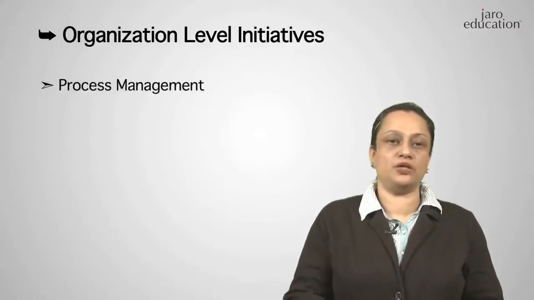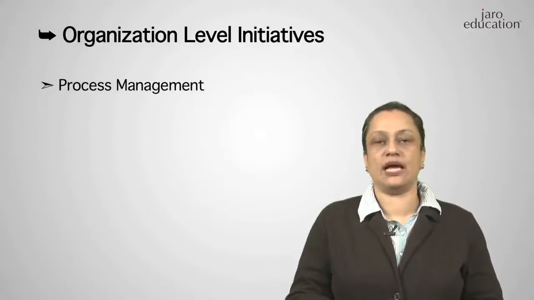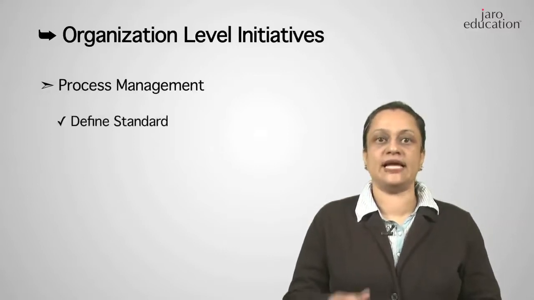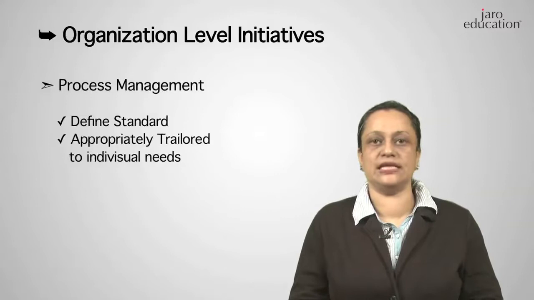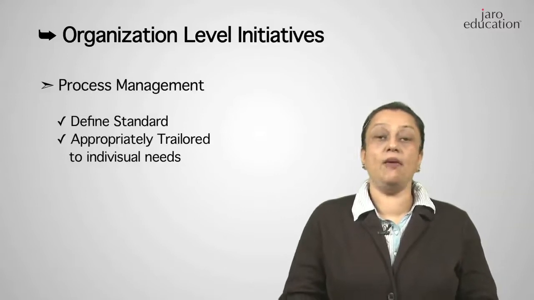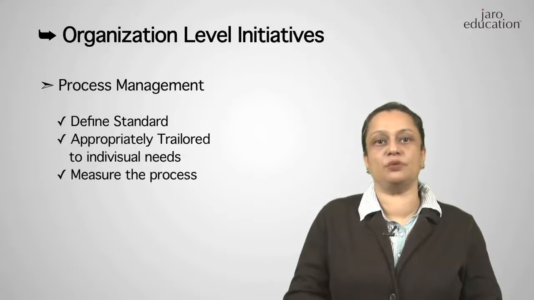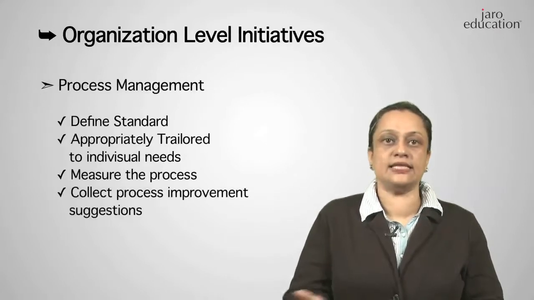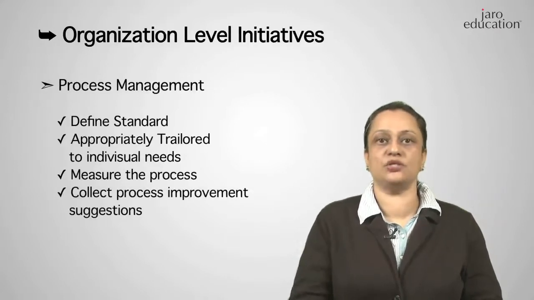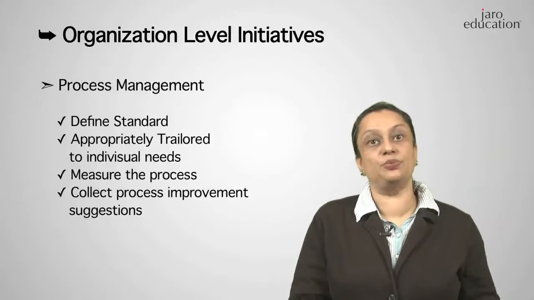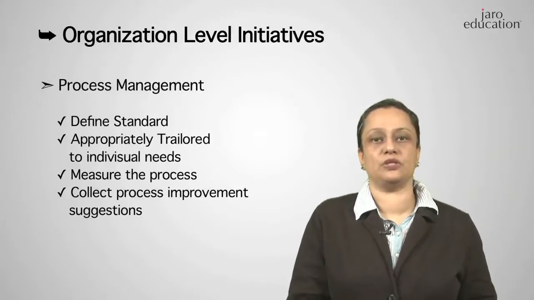Then there's process management, which is a responsibility at the organization level for the quality groups. So defining the standards appropriately, of course tailoring them to the individual needs, measuring the effectiveness of the process, and collecting process improvement suggestions from various groups. We'll see what sort of inputs we can get for process improvement.